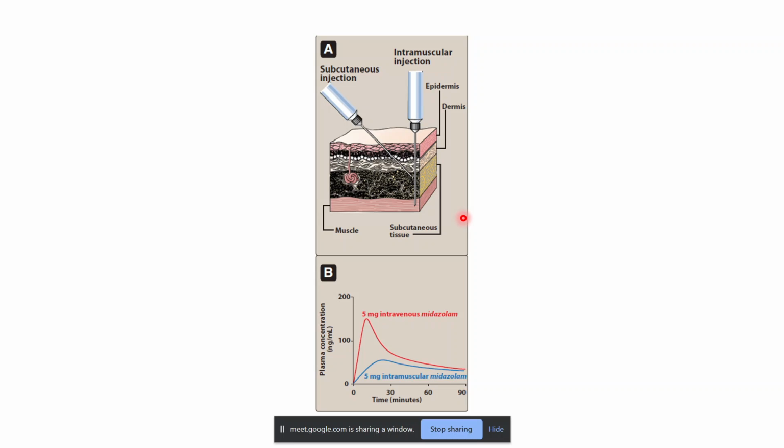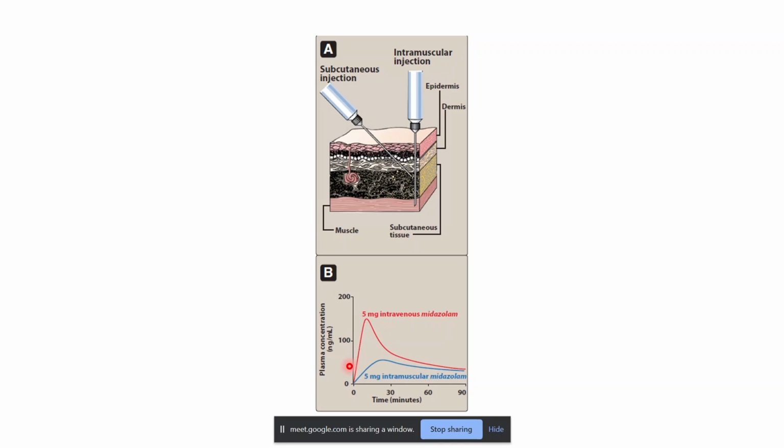So insulin for diabetes is administered subcutaneously to provide a long duration of action. Also, if we compare the plasma concentration after intravenous injection, the plasma concentration will increase very fast and then decrease fast.